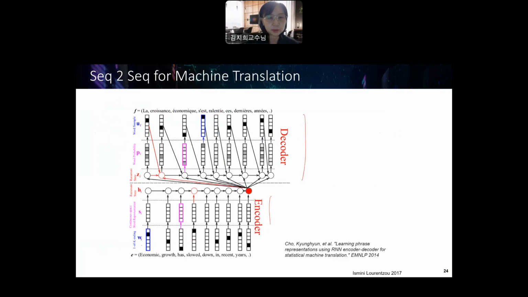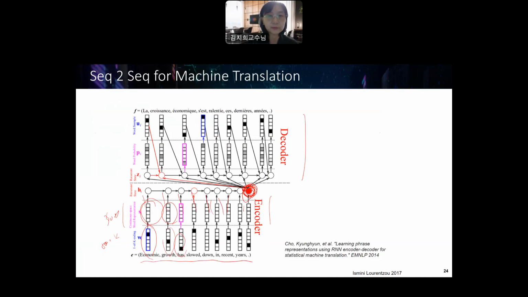And remember, this is one-hot encoding of individual words, and this will be word embedding. Maybe the size of this will be 500K, and this will be 300. This input goes in with all these English words one at a time, and this will be the bottleneck state.